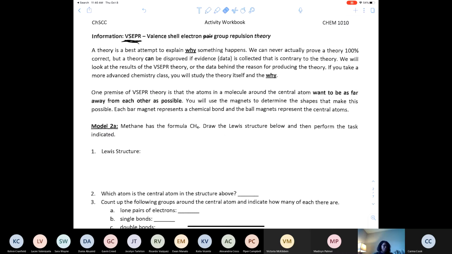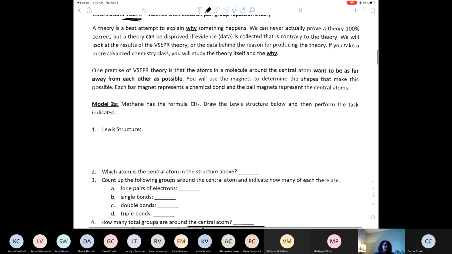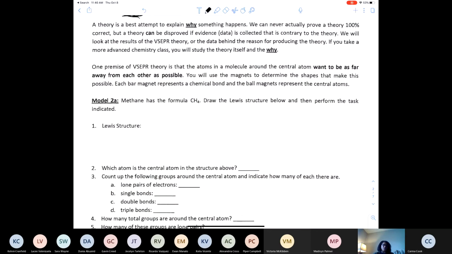I know I do. This theory is a best attempt to explain why molecules form covalent bonds the way they do. One premise of VSEPR theory is that the atoms around the central atom want to be as far apart from each other as possible. That determines the shape or molecular geometry of the molecule, and we'll focus more on that in week 9.